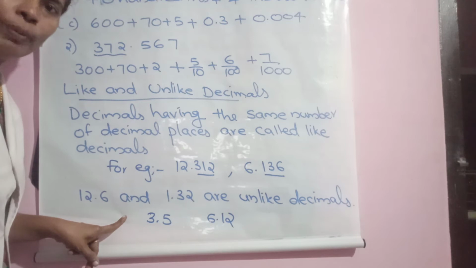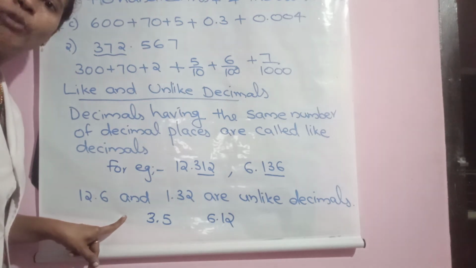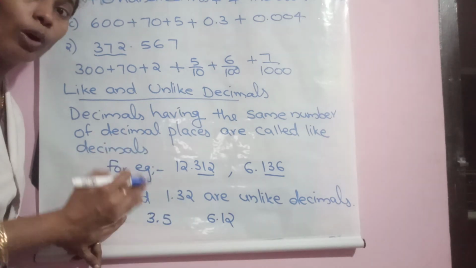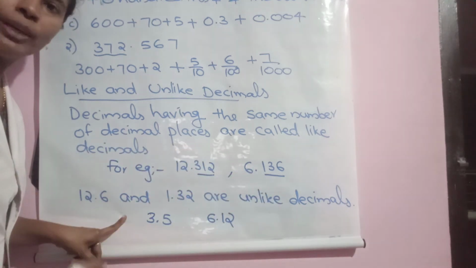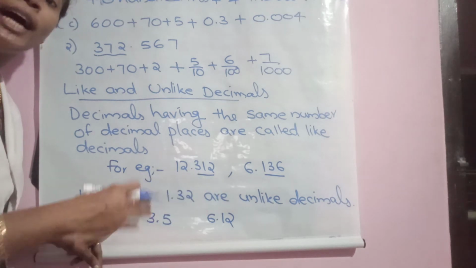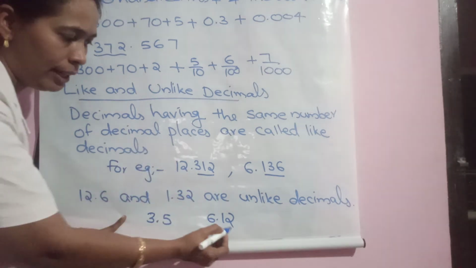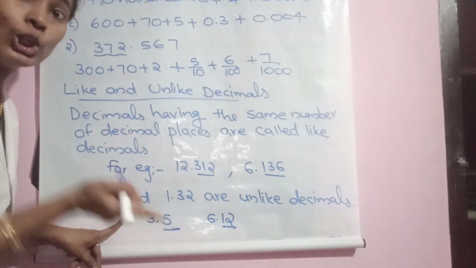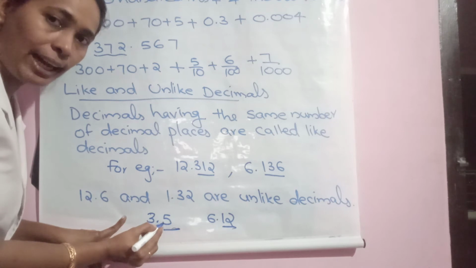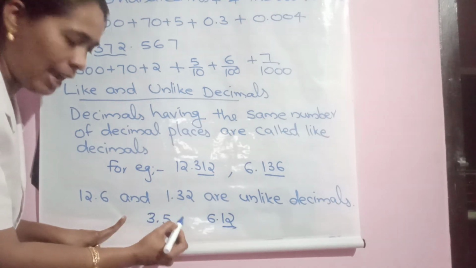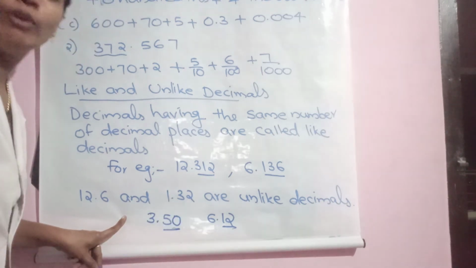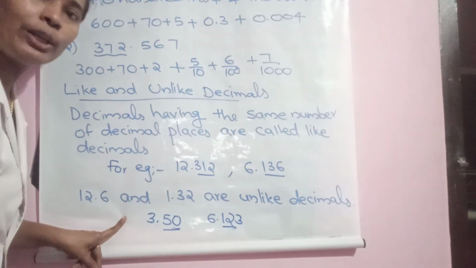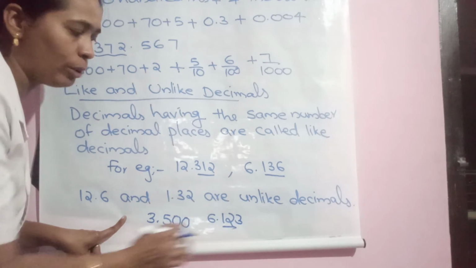In order to make like decimals, we can add as many zeros as required on the right side, according to the question. Here, how many digits are there? 2. So here we have to keep 2 digits. 1 is already given. So, where do you put the other one? 1 zero is enough here. Suppose here 1.2 is given and there 1.23 is given. What you have to do? 1 more zero. Now, they are like.